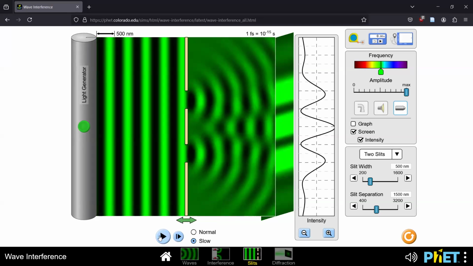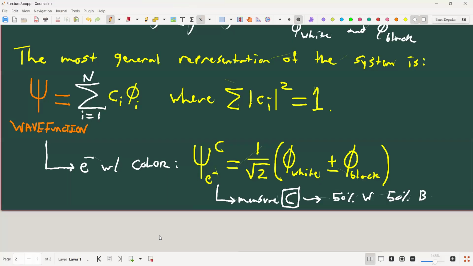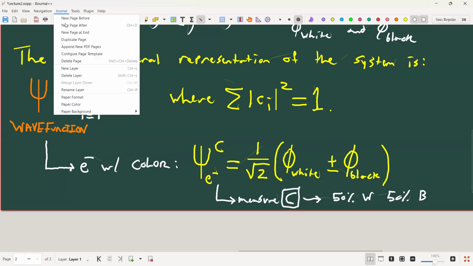Now, what if instead of a light generator, we take an electron gun, and we run electrons? Let's think about it.